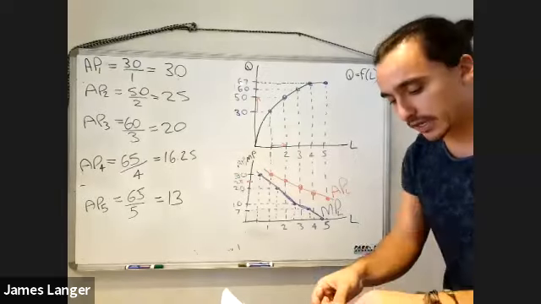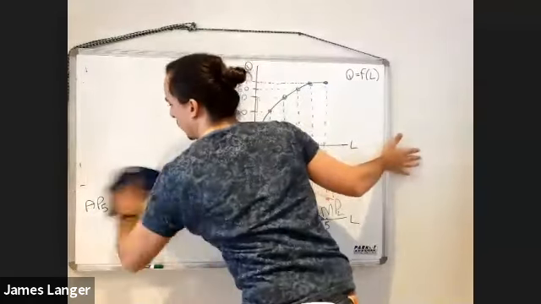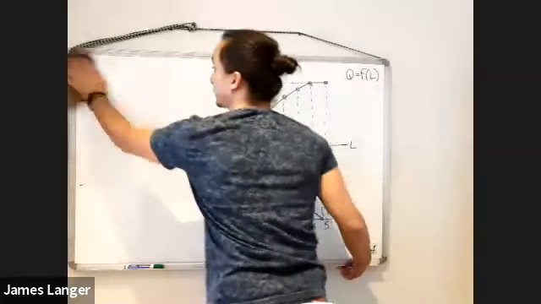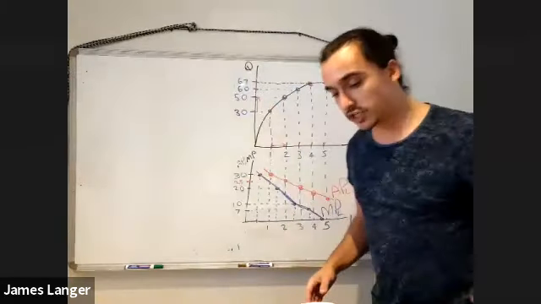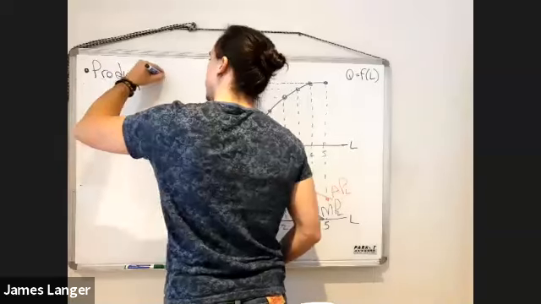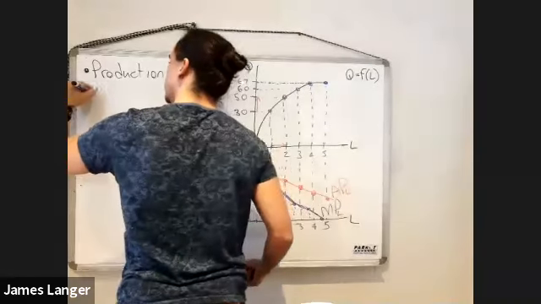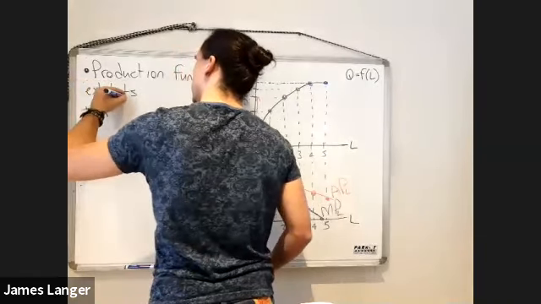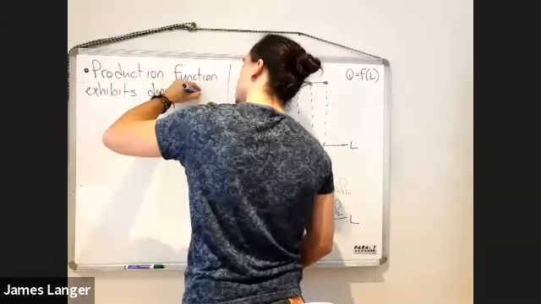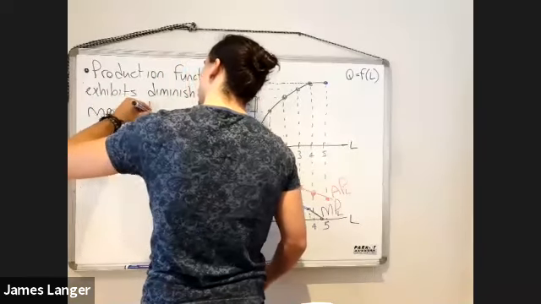Cool. So let's begin. Let's carry on with our notes here. What I want you guys to note, the main thing that we've seen here, is that this production function exhibits diminishing marginal returns.